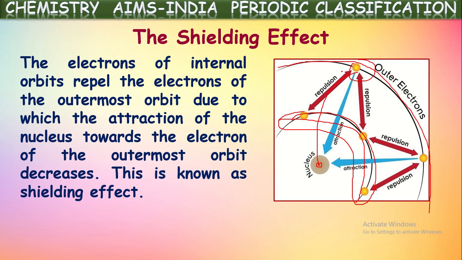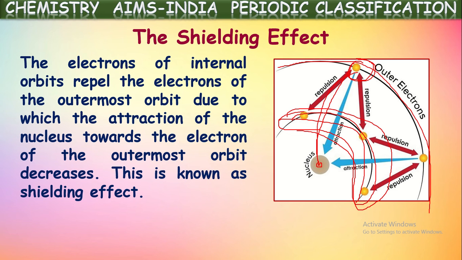Actually, for lanthanoids this shielding effect is less. If it is greater, size will automatically be greater, because the attraction of the nucleus on the outer electrons will decrease because of the inner electrons' shielding, and hence they may move a little away because of the repulsions. So size increases.